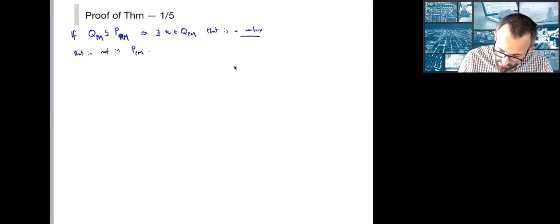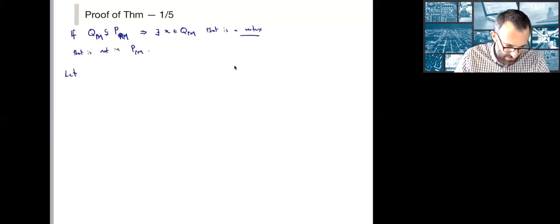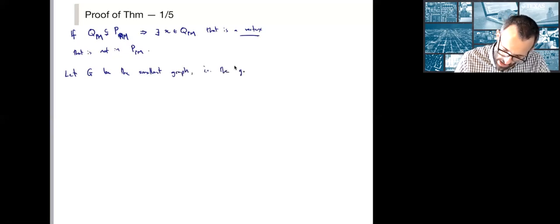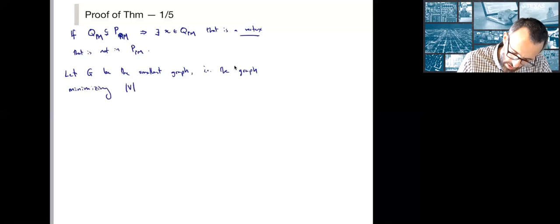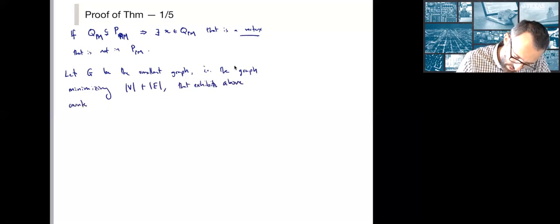So let me add that in. Let G be the smallest graph, i.e. the graph minimizing number of nodes plus number of edges in the graph, that exhibits the above counterexample.